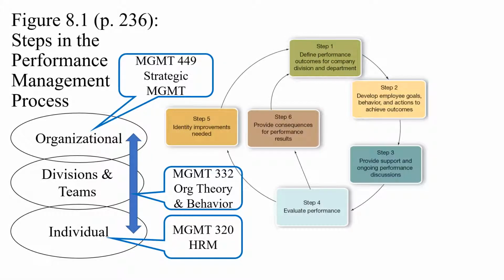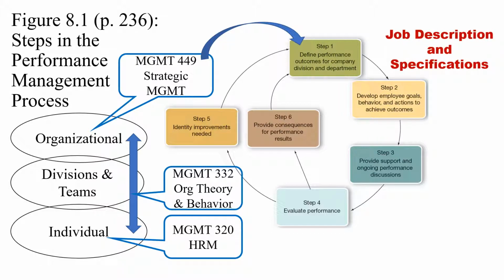Figure 8.1 of our chapter readings reminds us that we have the job descriptions and specifications at the individual levels that are to be aligning with the organizational strategies and work through the division and teams.